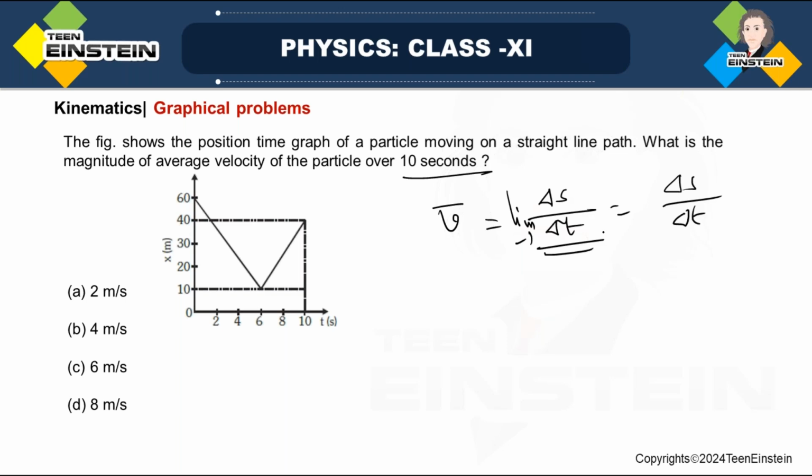Okay, so this is dS by dt. So in this case, we have to find out ds by dt. dt is known, up to 10 second. So dt is actually 10 second. And ds, what is ds?